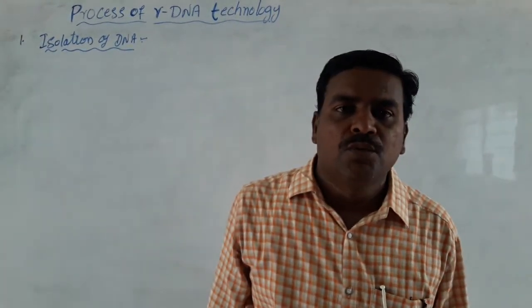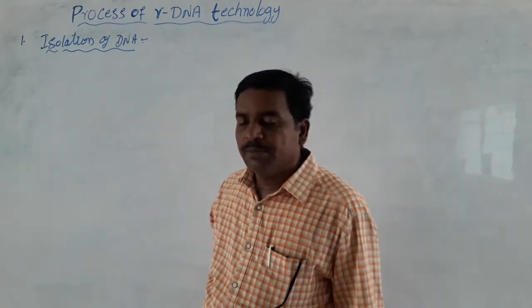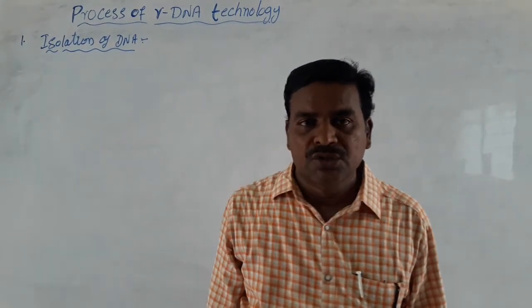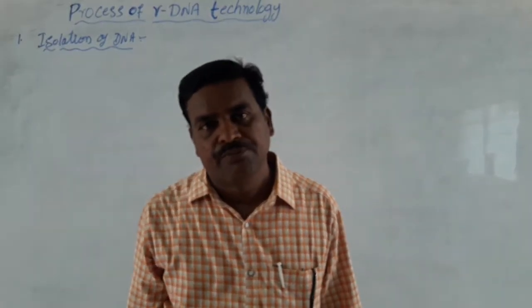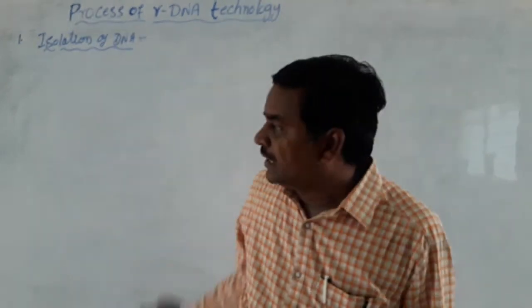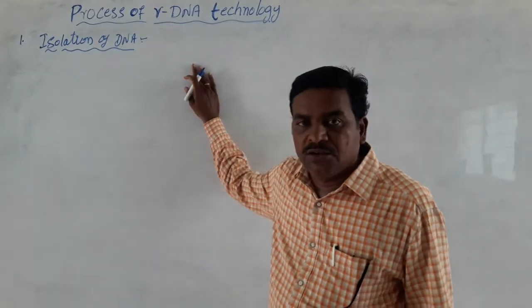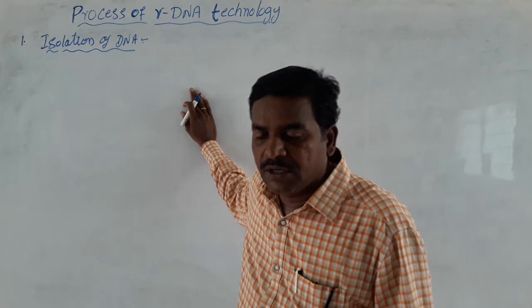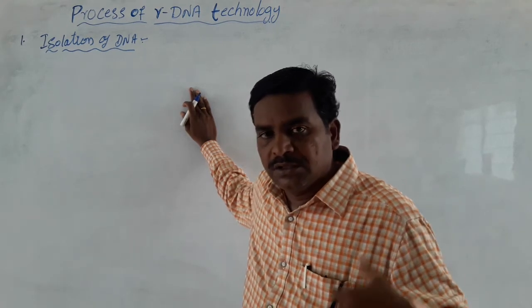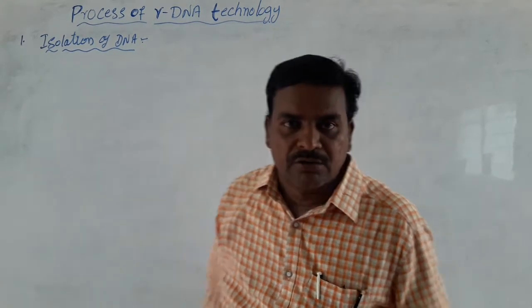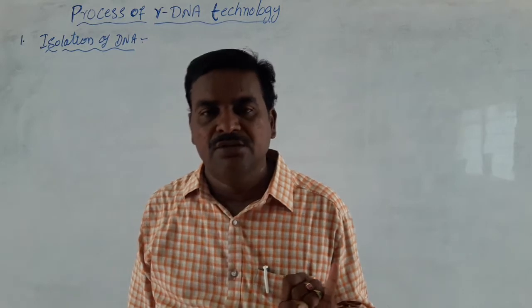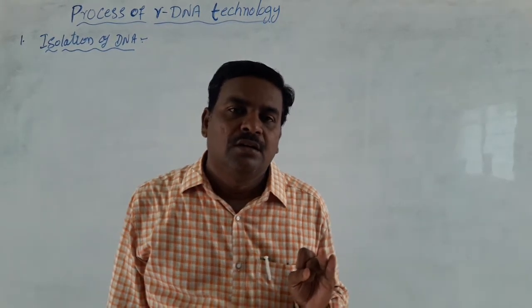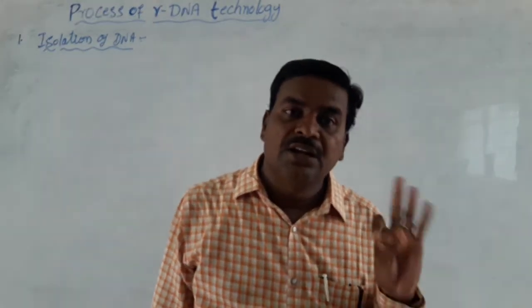DNA is the most abundant genetic material in most of the organisms. Generally, DNA is present in a nucleus in association with some other macromolecules like proteins, RNA, polysaccharides, and lipids, etc.